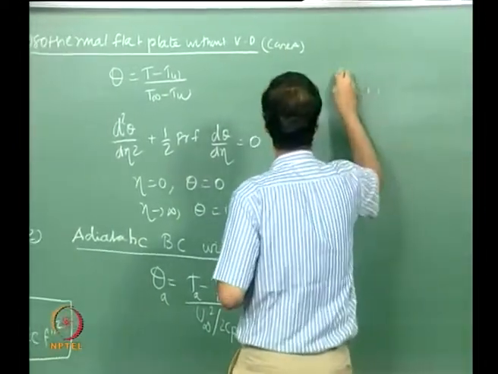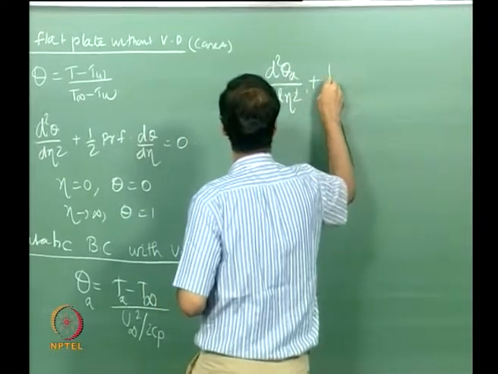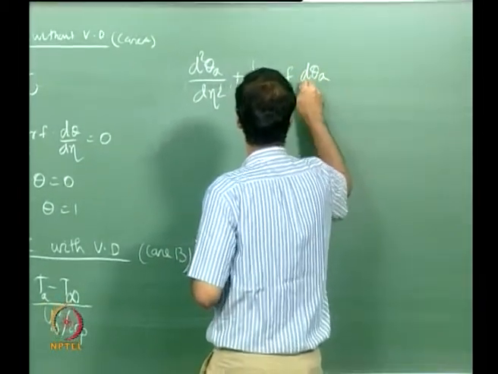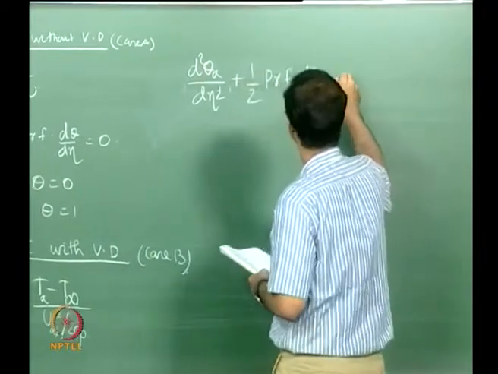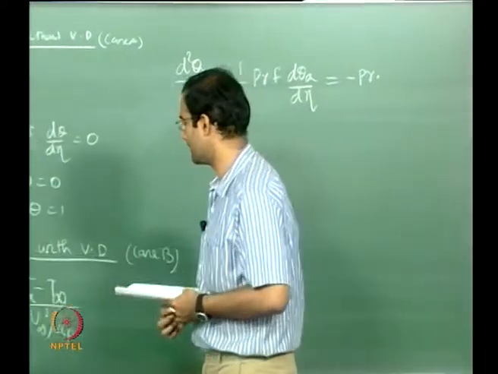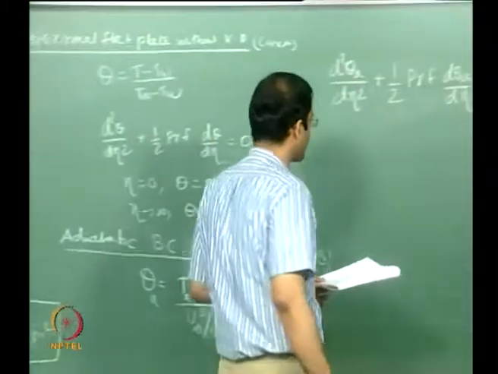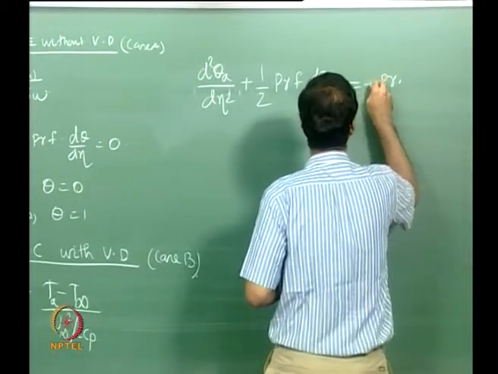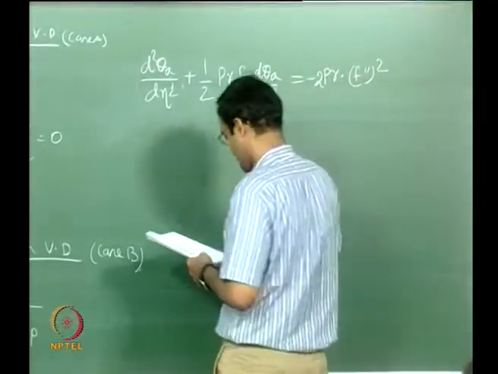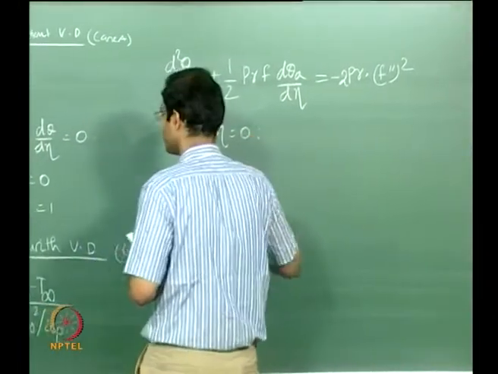So that will give me d square theta A by d eta square, and you have U infinity square by Cp, and when you substitute there is a U infinity square by 2 Cp, so finally you will end up with minus 2 times Prandtl number into F double prime, the whole square. Now the boundary condition at eta equal to 0, what will it be?